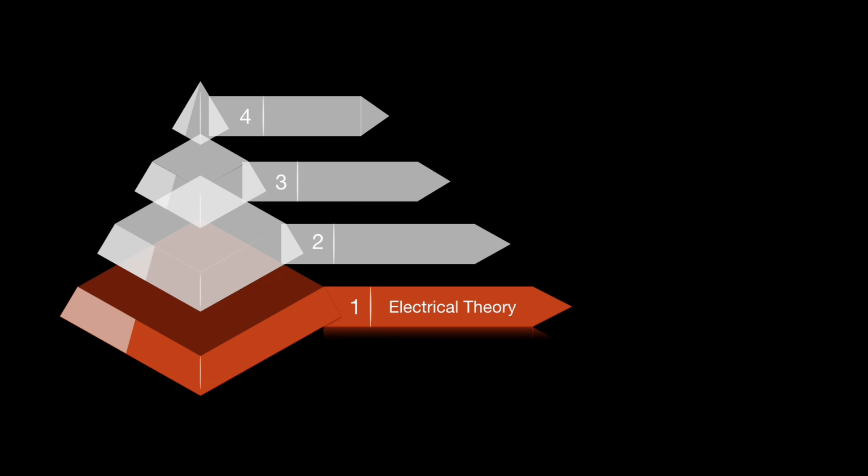So for the first layer, the foundational layer, I believe that layer consists of basic electrical theory. This is typically taught on the job and or through classroom training. So what do I mean by basic electrical theory?